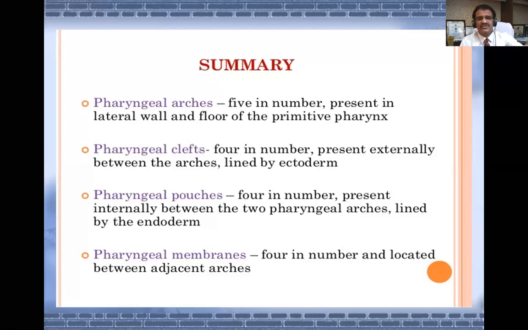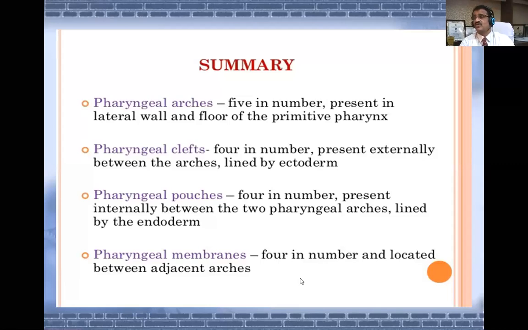That is why I showed you the example of my fingers. If these are the arches, these are the pouches from inside, and these are the clefts from outside. The pharyngeal membranes are again 4 in number and located between the adjacent arches.